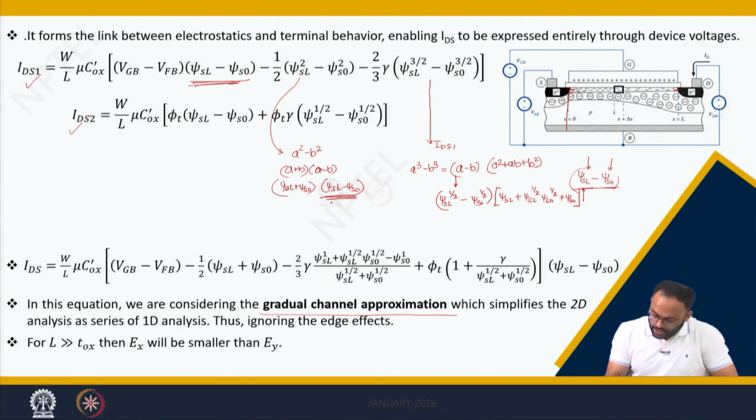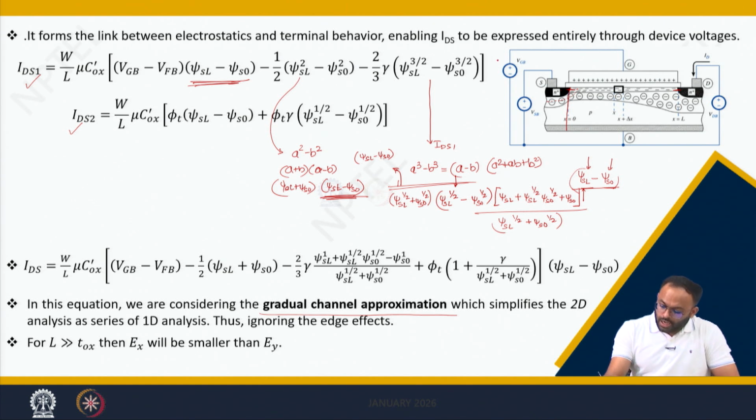So, if I want to take psi SL minus psi S0, I will multiply in the numerator and denominator by psi SL to the power 1 by 2 plus psi S0 to the power 1 by 2. If I do a multiplication, this is nothing but a plus b into a minus b. So, the numerator will get psi SL minus psi S0, and in the denominator you need to multiply with the same factor psi SL to the power 1 by 2 plus psi S0 to the power 1 by 2.